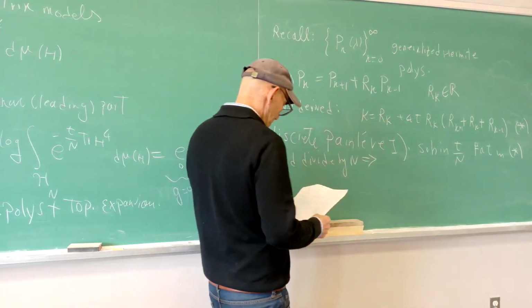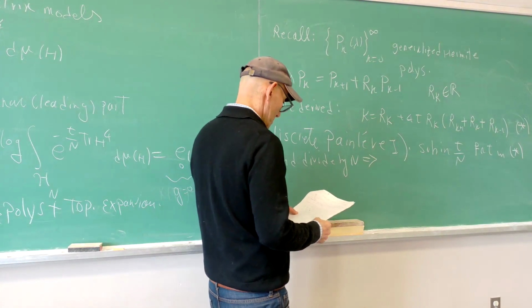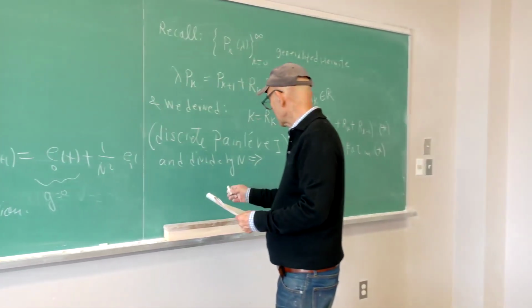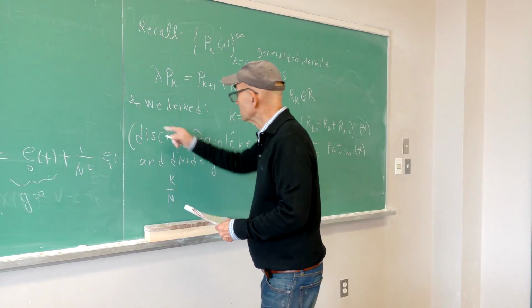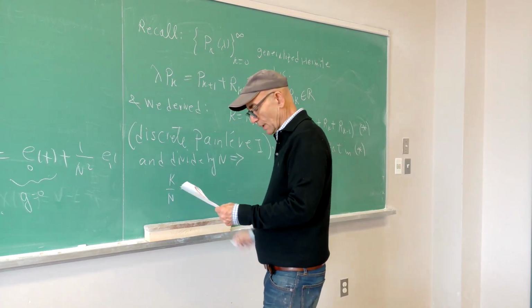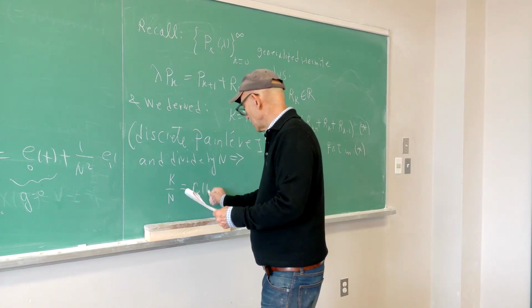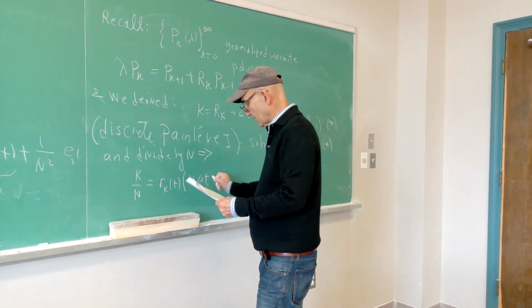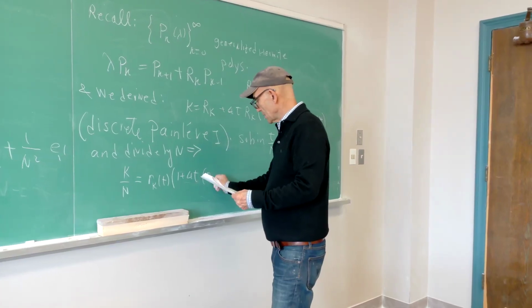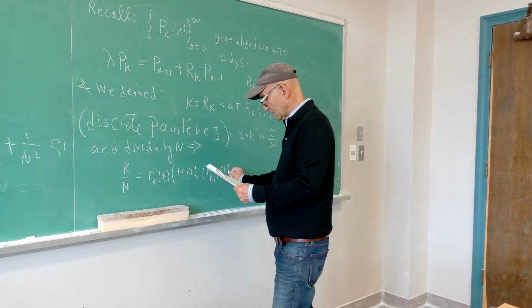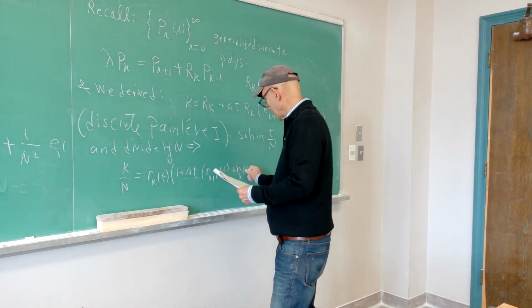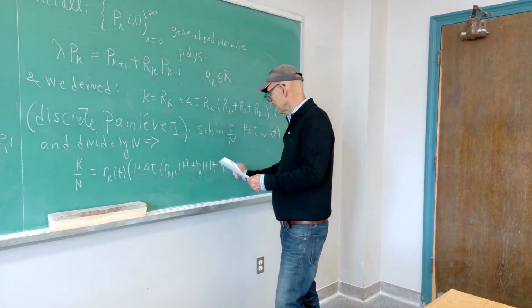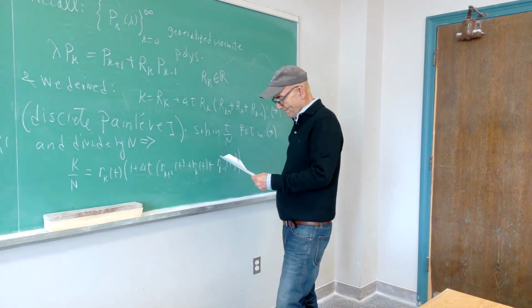We get this relation that k over n is equal to r_k(t) times 1 plus 4t times r_{k+1}(t) plus r_k(t) plus r_{k-1}(t).